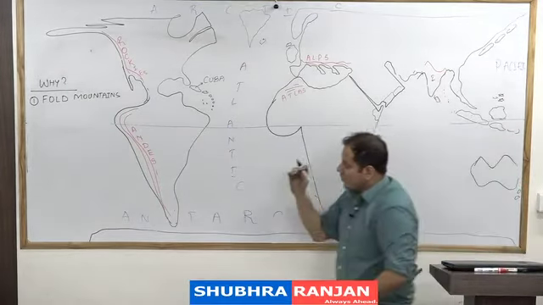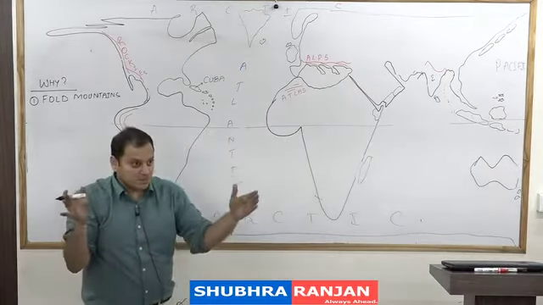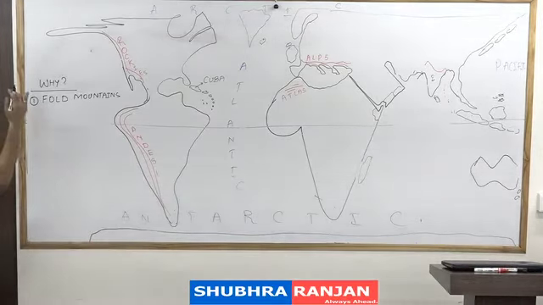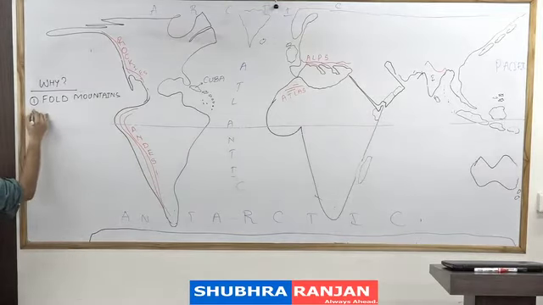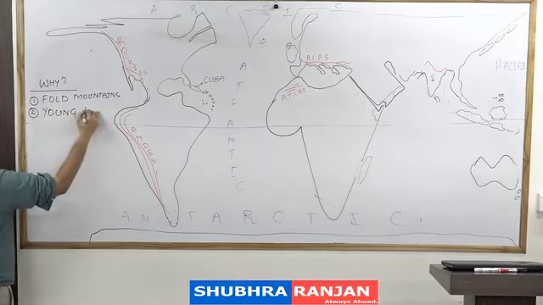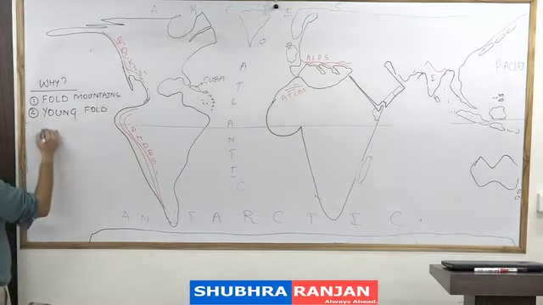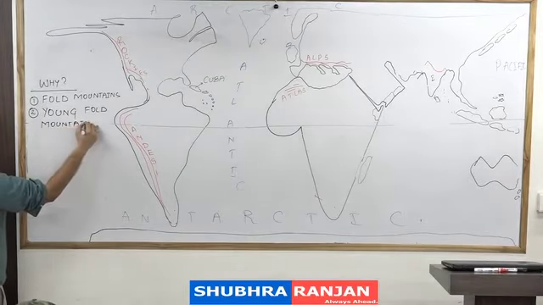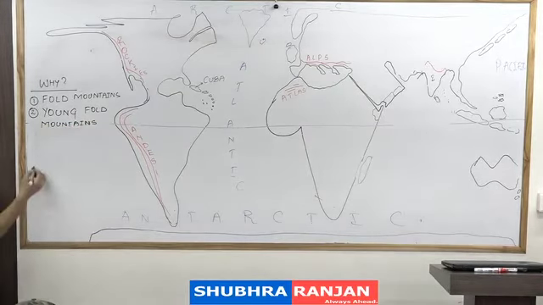Now you should know these are fold mountains because the earth's crust is folded. And why are they so great in height? Because I am introducing one concept here: they are an example of young fold mountains. Why young fold?